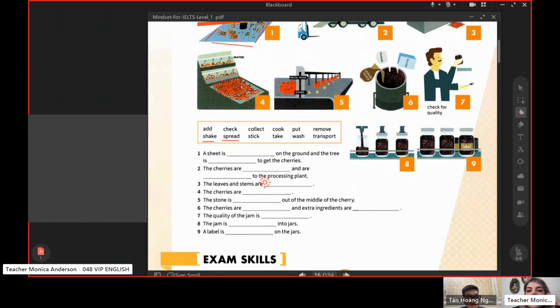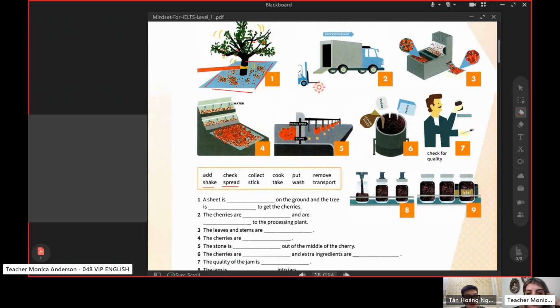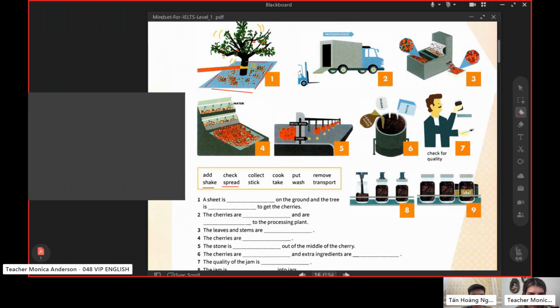Now, number 2, the cherries are collected and transported. Excellent, very good. And number 3, the leaves and stems are removed.